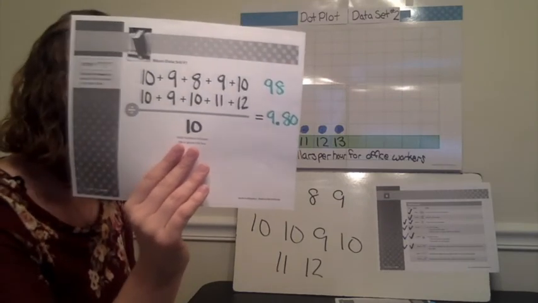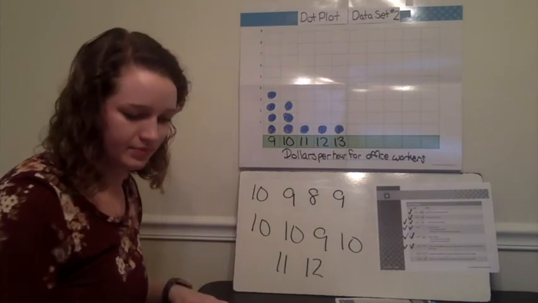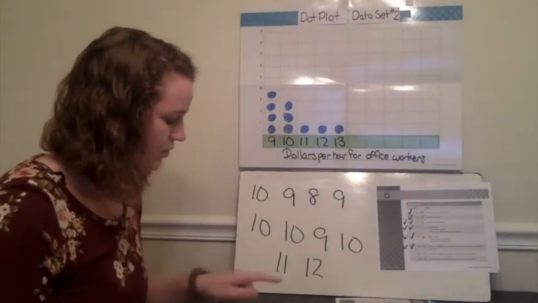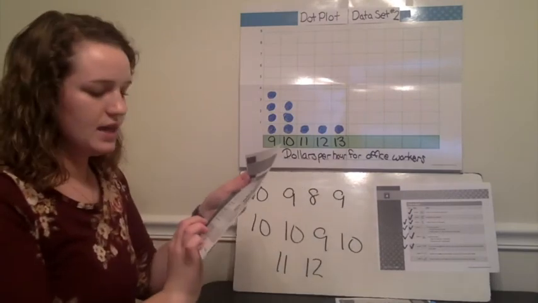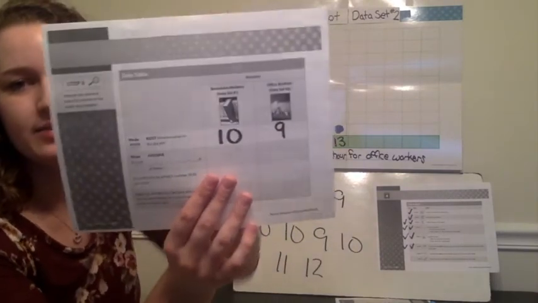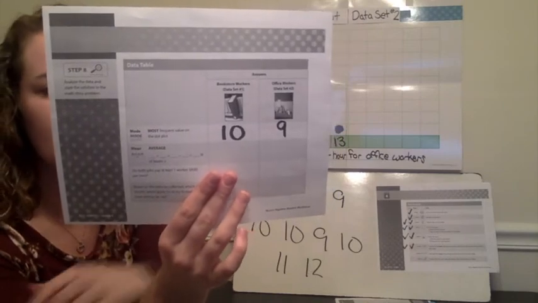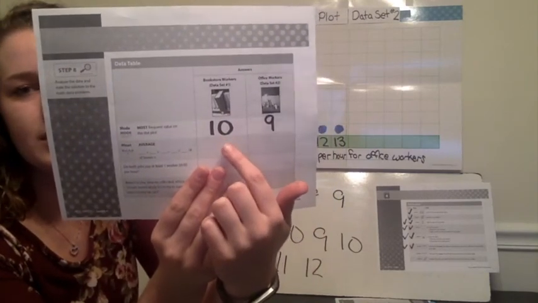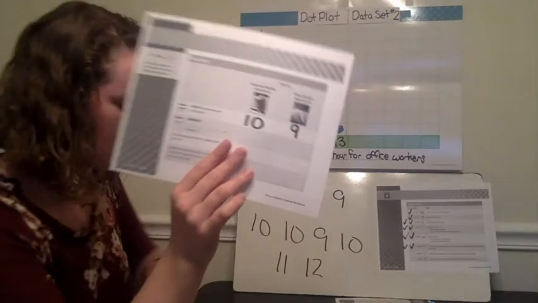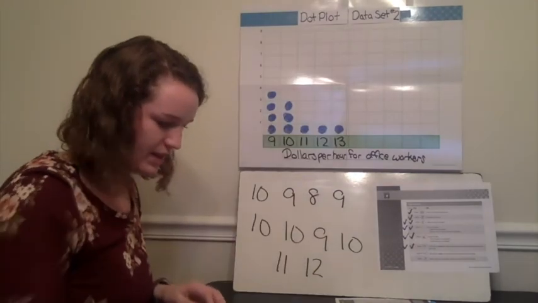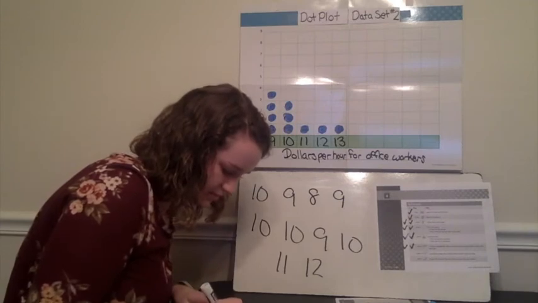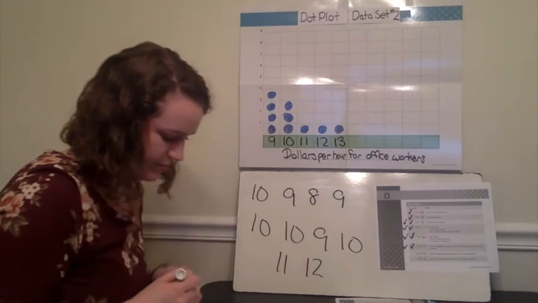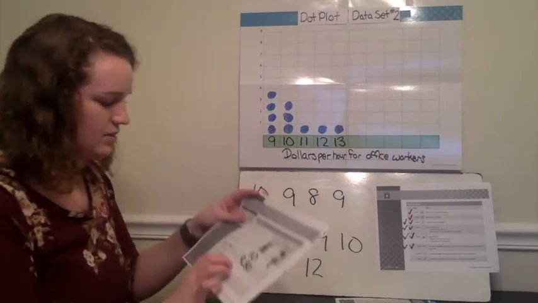All right. And now we need to write our mean in the data table. So pull out our data table on page 20 again. And we're going to write our mean right here. Okay, so write $9.80.